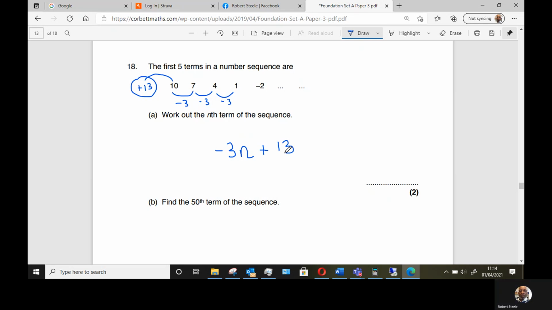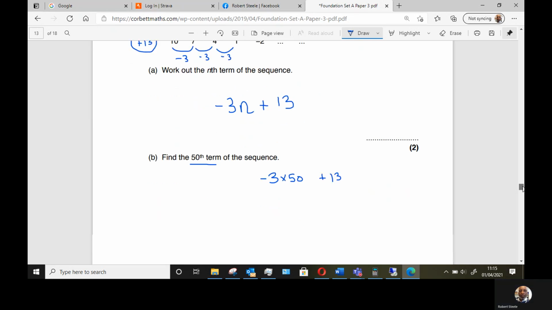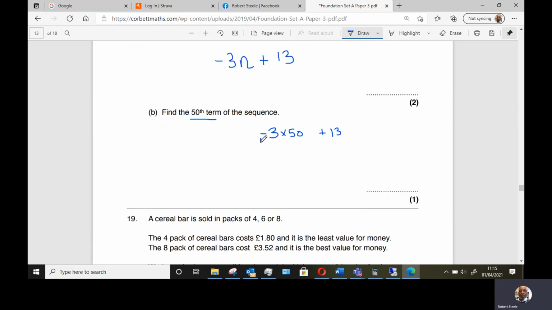And the way you would use that nth term expression to do this is by substitution, like so, and there's your plus 13. So this part gives you minus 150.